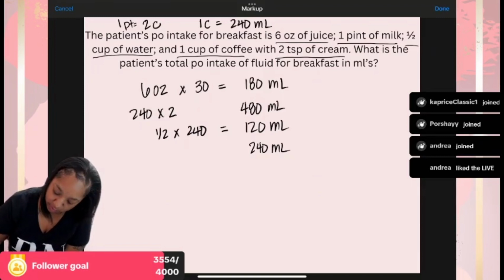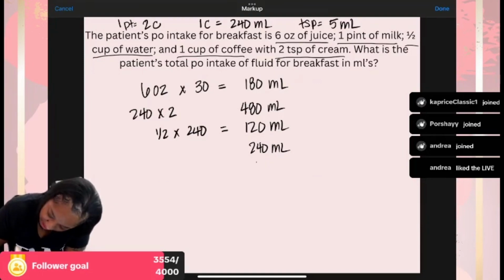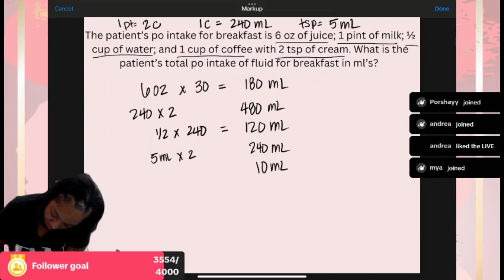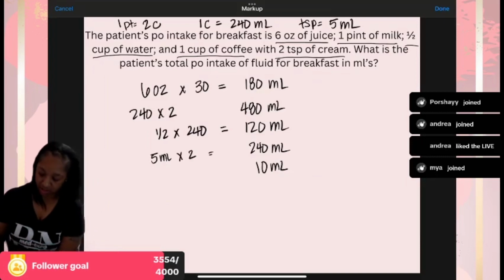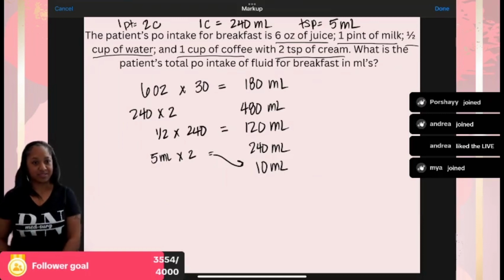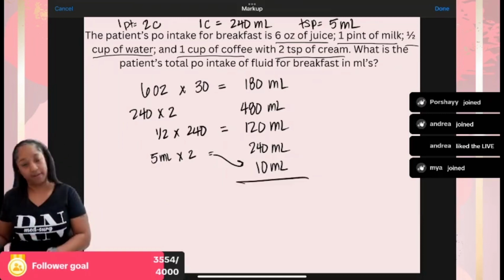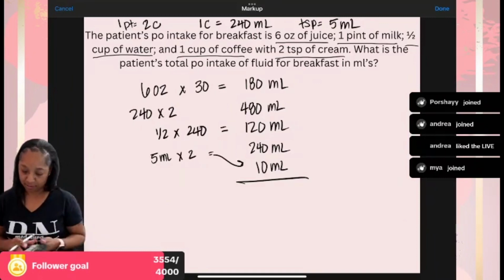A teaspoon is 5 milliliters, so that's going to be 10 milliliters, because 5 milliliters times 2 equals 10. Sorry, the alignment's a little bit off, but you get it? So now you can add all your values together.